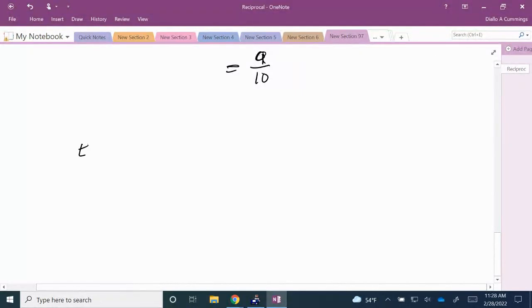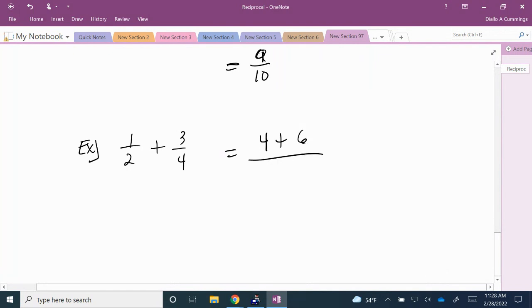But if there are common factors, so let's say 1/2 plus 3/4, you're going to have to reduce in the end. So I'm going to use that same formula. 1 times 4 is 4, plus 2 times 3 is 6, divided by 2 times 4, which is 8.